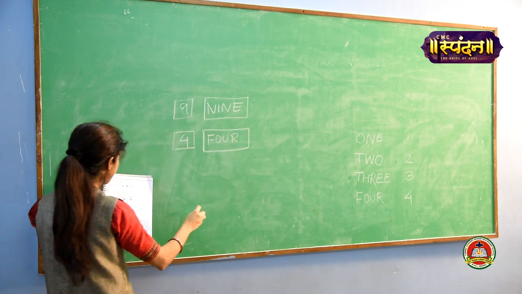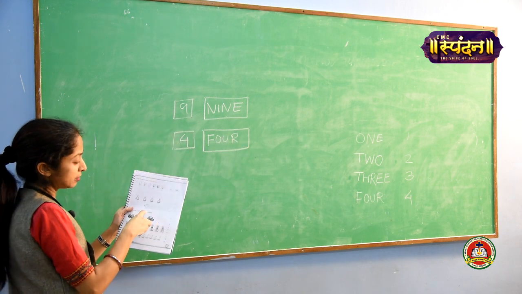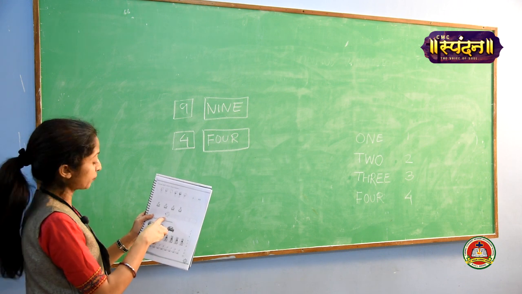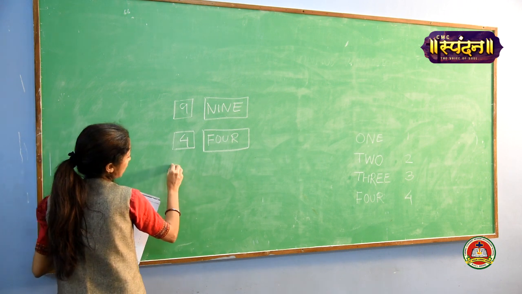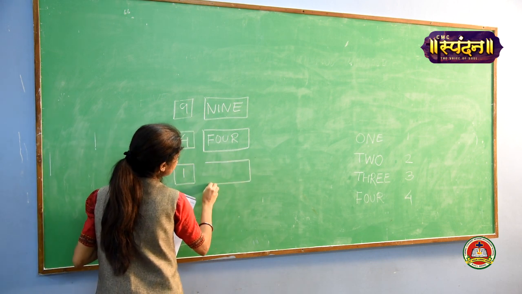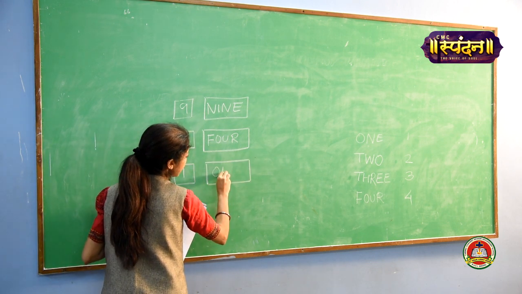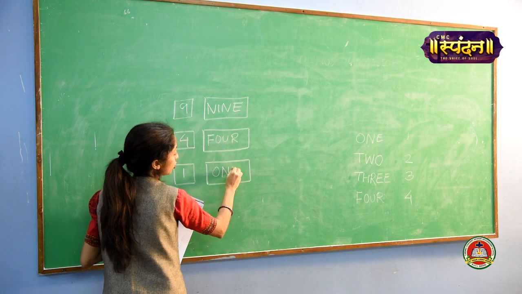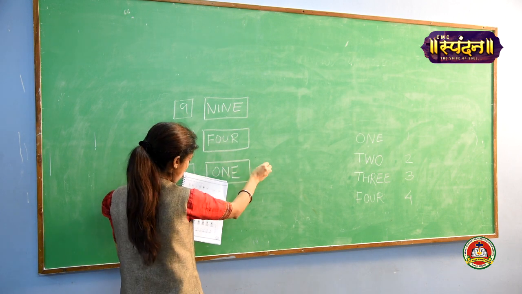Okay. Now here you have a small picture of a man. So how many are there? There is only 1. So we are going to write the number 1, and the number name also, the spelling of 1, ONE.